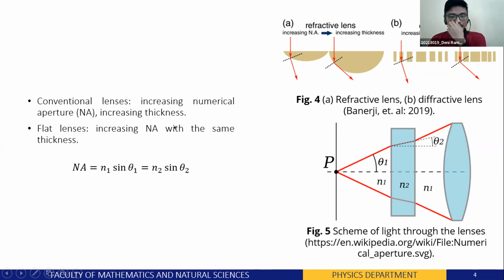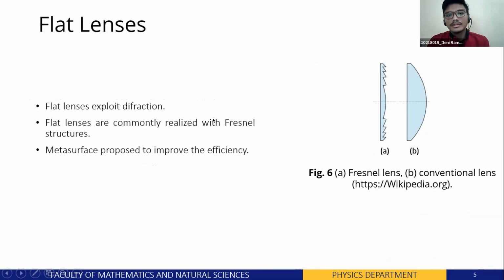And the question is, what is the numerical aperture? The numerical aperture is the dimensionless number that characterizes the range of angles over which the system can emit or accept the light. And if we have a scheme of light through the lens like in figure 5, we can determine the numerical aperture with this equation.